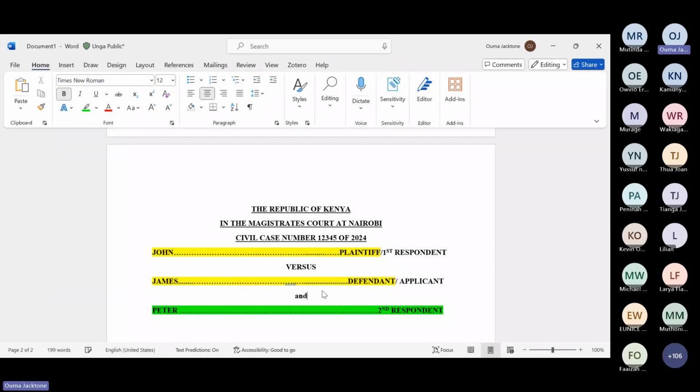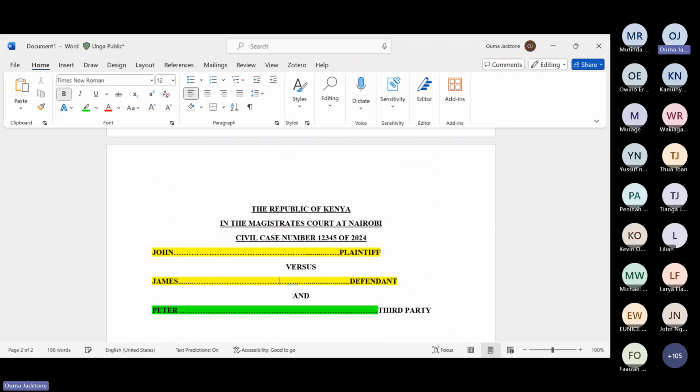We are going to have "and", and then we are going to change. This person becomes the third party. So just have third party, and then plaintiff, and then defendant.